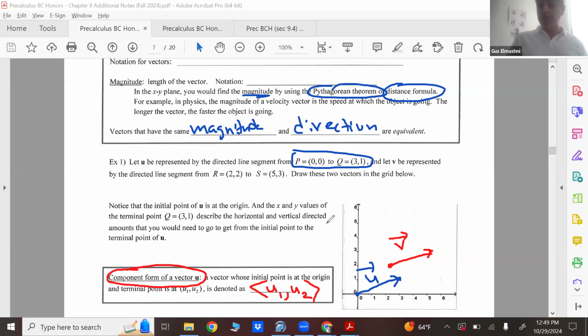So let's look at vector U. Actually, let's go back to blue. We'll color code this. So how can you express vector U in a different way, as opposed to just giving me 2 points? Like I know it starts at (0, 0) and ends at (3, 1), right? But how can I write that in a different way? So you could write vector U like this.